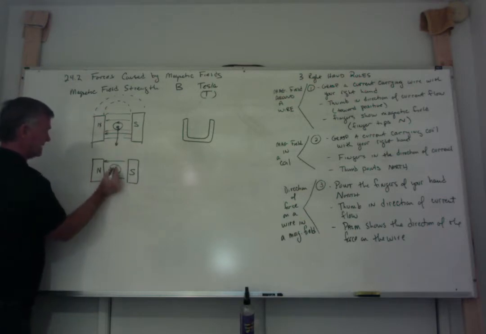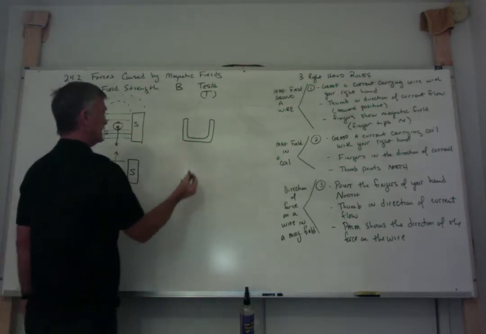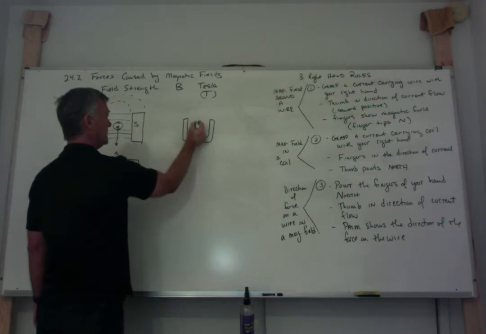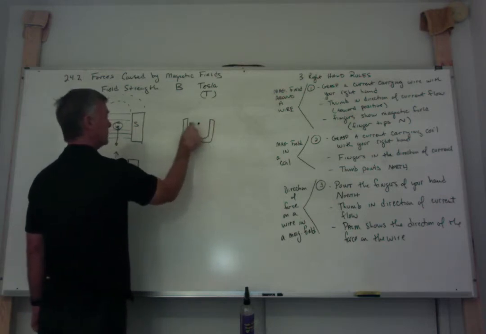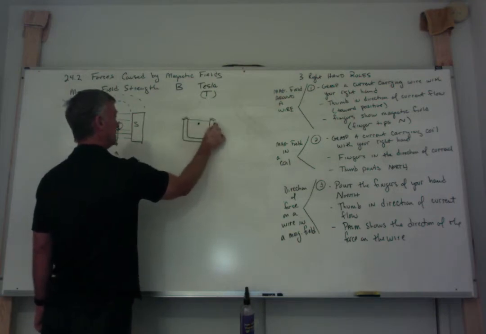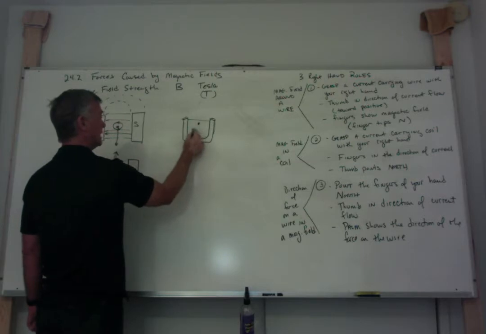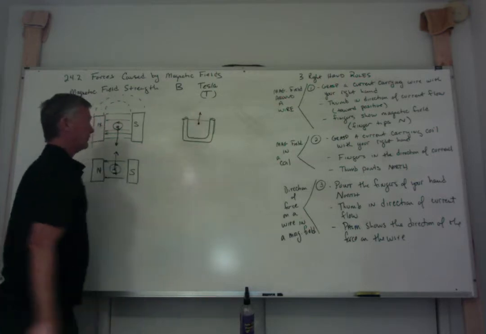This would be like this, and this would get pulled up out of there. If I had the wire in here, between here, same thing, then this will get pushed up out of here.